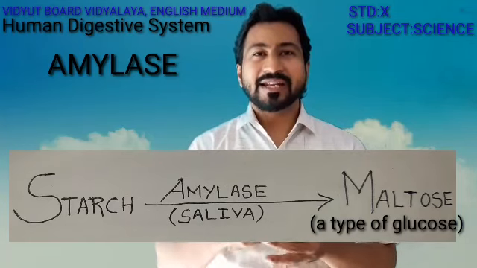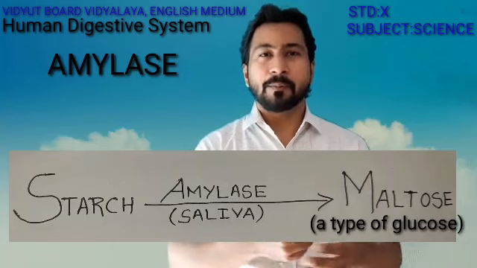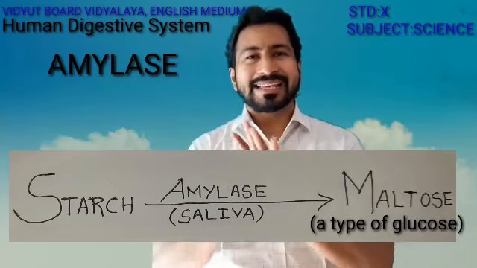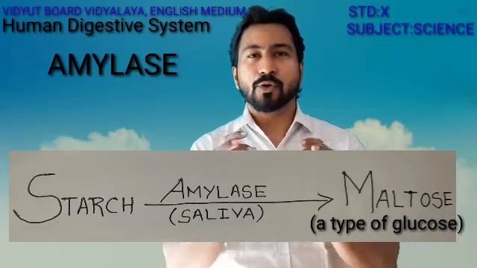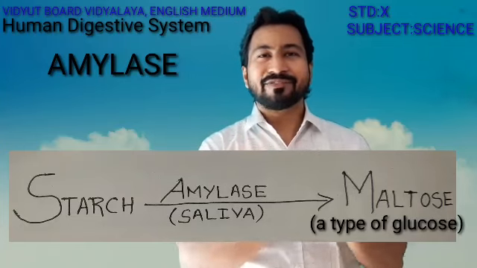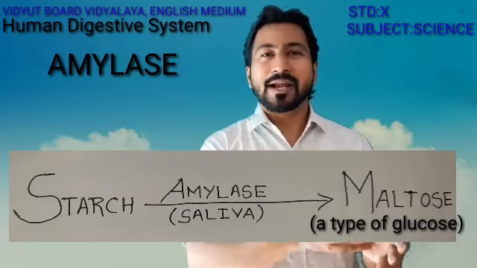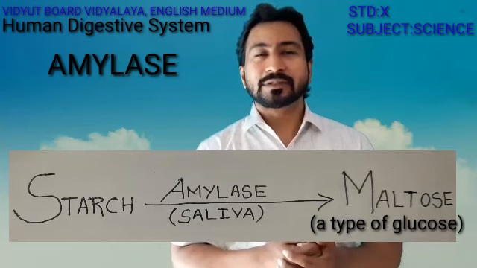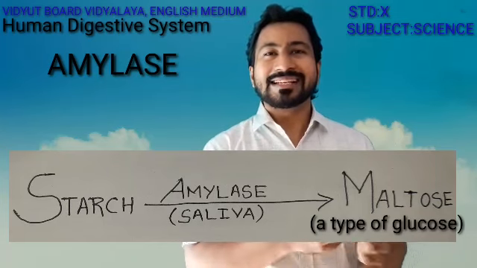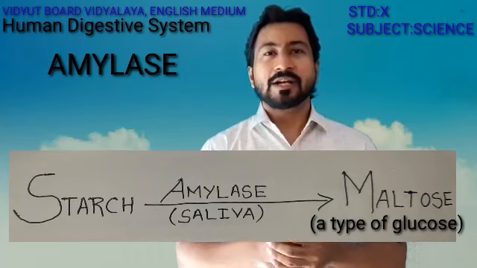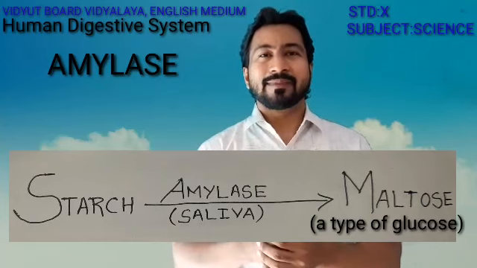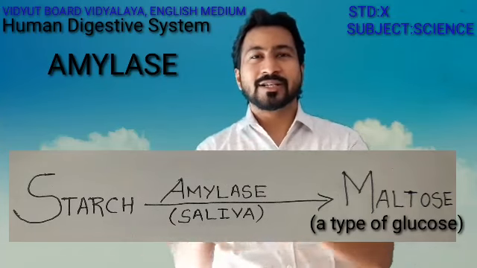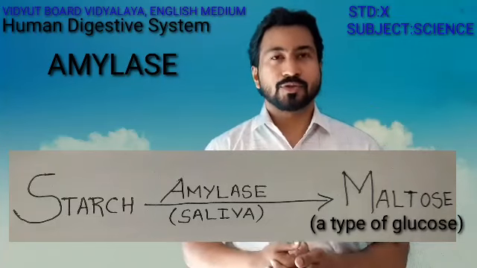Now whenever we eat bread or chapati without applying any butter or jam, we find that the bread or chapati tastes sweet, because this amylase enzyme has converted starch into glucose.